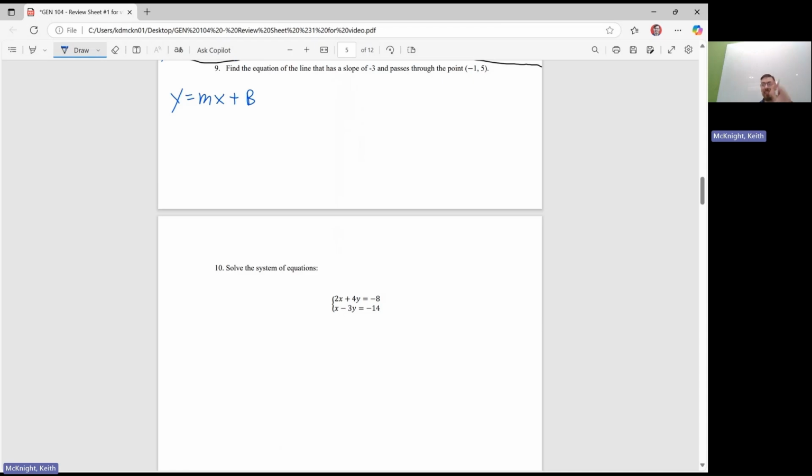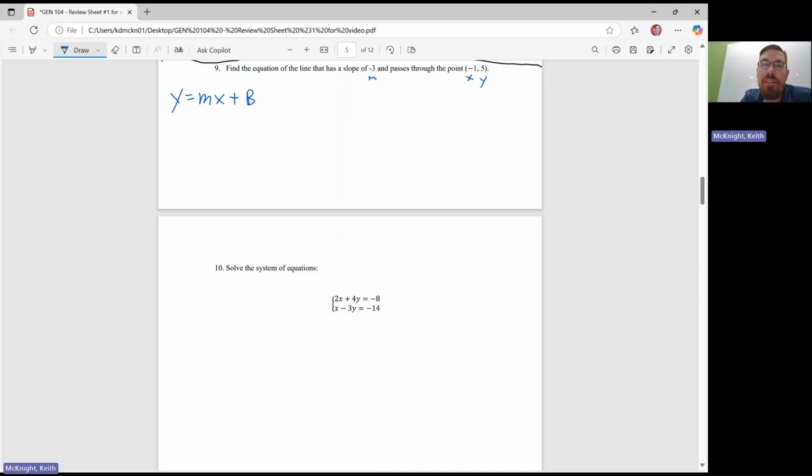Since they did not give us the y-intercept, they gave us a random point on this line, we're going to have to find that y-intercept ourselves. We can do that using the equation. So we're going to plug everything we know in. We have an x, we have a y, and we have an m.